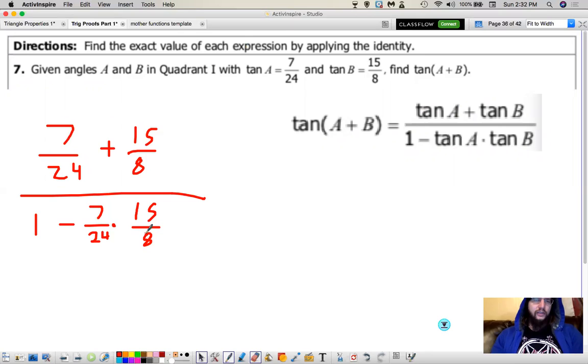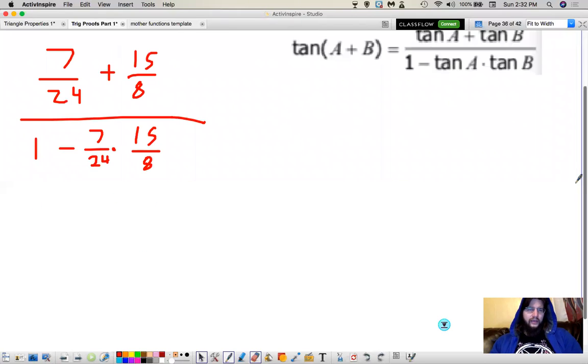Our radical's in here, so just go ahead and do the basic arithmetic. Add fractions, need a common denominator. That's a 24, that's an 8. Multiply that by 3. So it's going to be 45 plus 7 is 52 over 24.